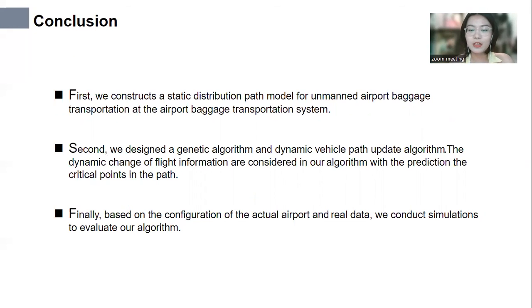The dynamic change of flight information is considered in our algorithm with the prediction of the critical points. Finally, based on the configuration of the actual airport and real data, we conducted simulations to evaluate our algorithm.